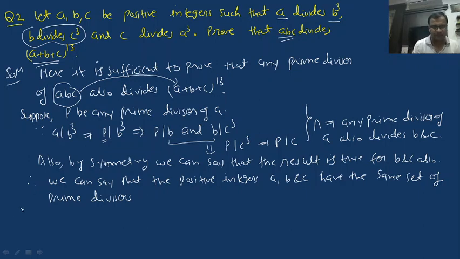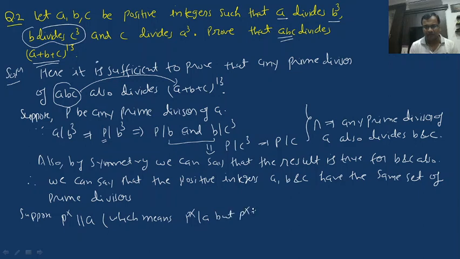Suppose X is the highest exponent of P which divides A, and I am going to write this in symbolic form, which means P^X divides A, but P^(X+1) does not divide A. It overall means that X is the highest exponent of P for which P^X divides A, Y is the highest exponent of P for which P^Y divides B, and Z is the highest exponent of P for which P^Z divides C.